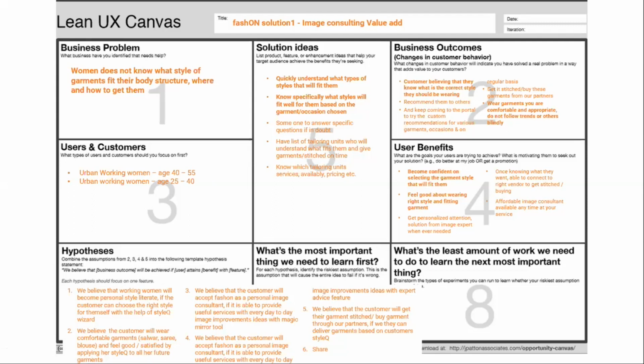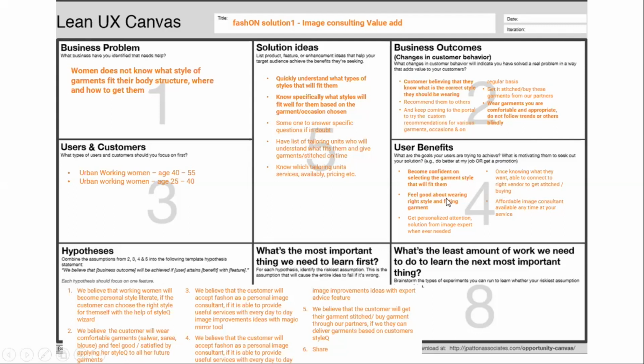Here, assuming you've identified these personas, urban working women aged 40 to 55, and urban working women aged 25 to 40, you have to see whether the solutions fit each of these personas, and whether you have the right solutions. And then you have the user benefits. So what will be the user benefit? What are the goals your users are trying to achieve? What motivates them to seek out your solution? What are the goals of the users?